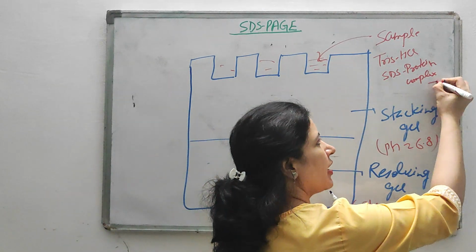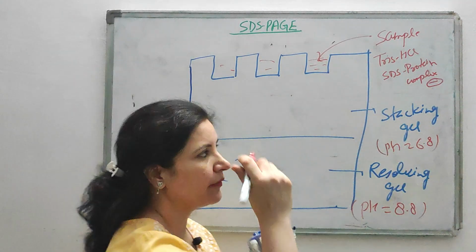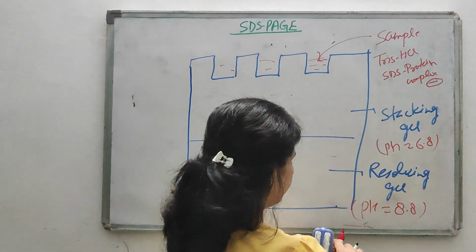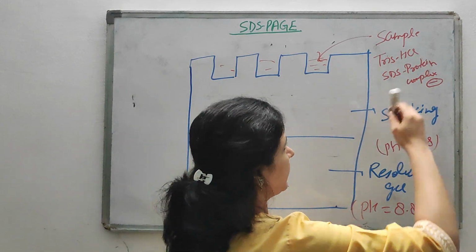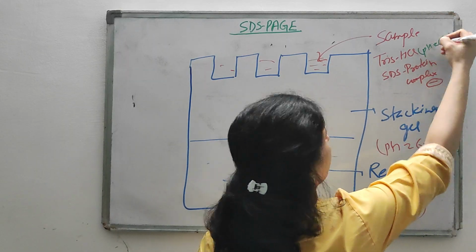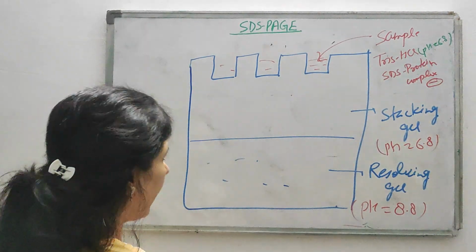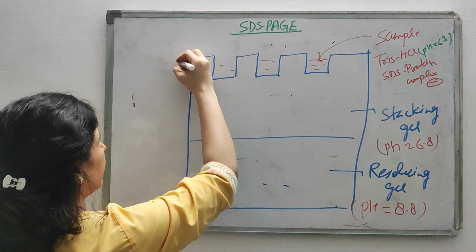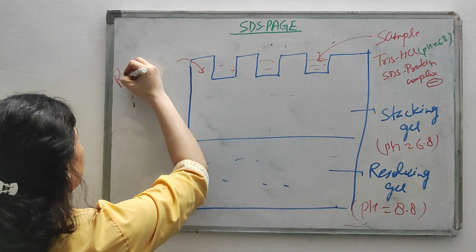So the charge overall here is negative. And the pH of this is also 6.8.